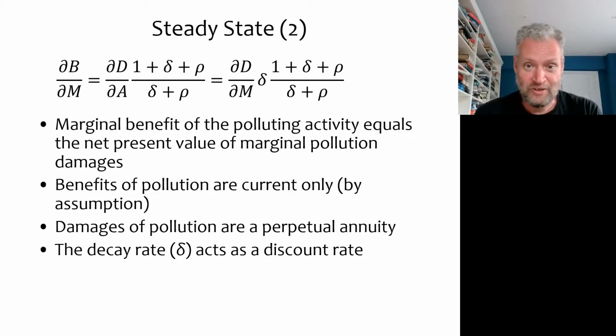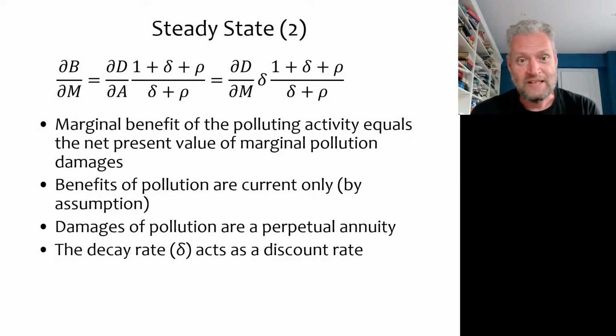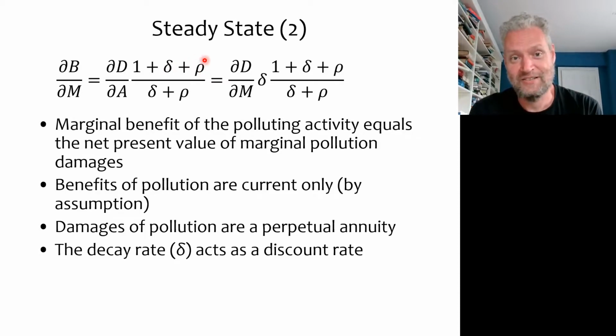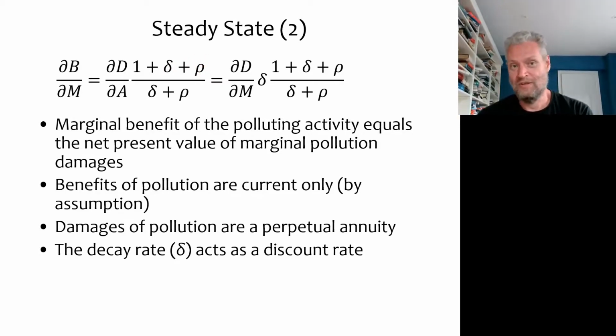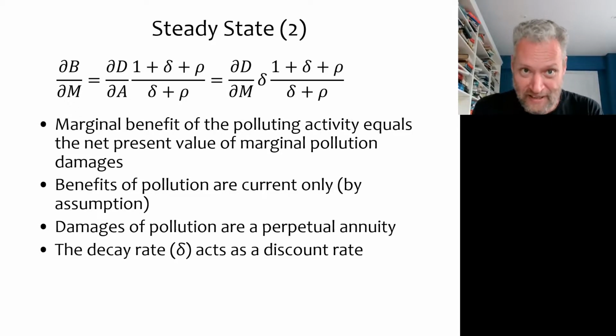So that is one interpretation. The other thing that is happening here is that this decay rate delta is essentially just added to the discount rate rho. Now what is discounting? Discounting essentially means that money in the future is worth less than money today.